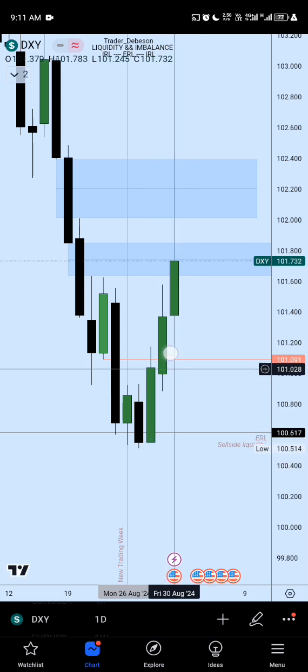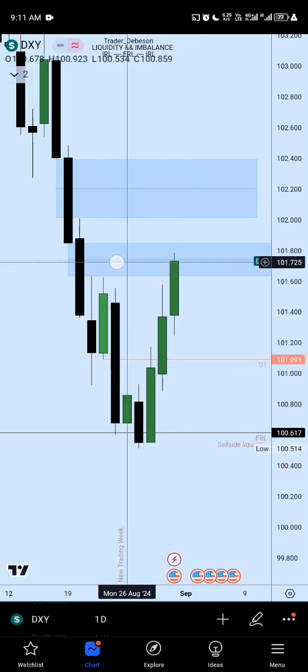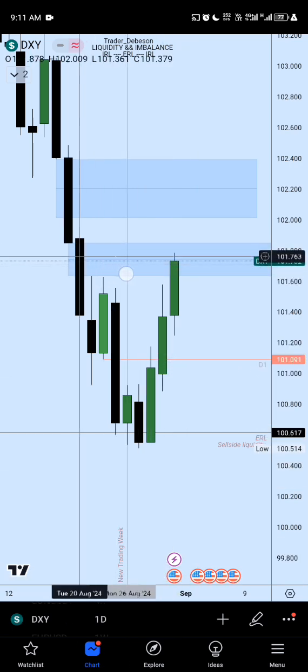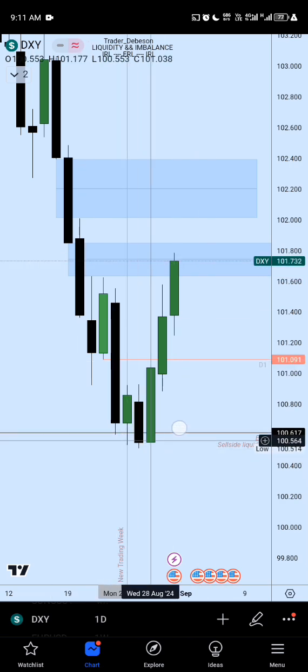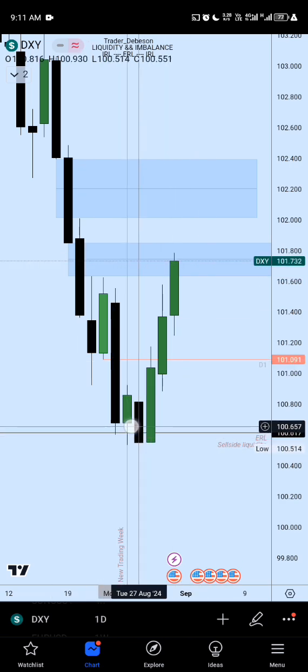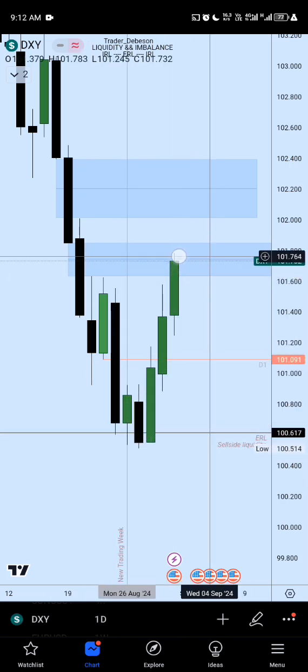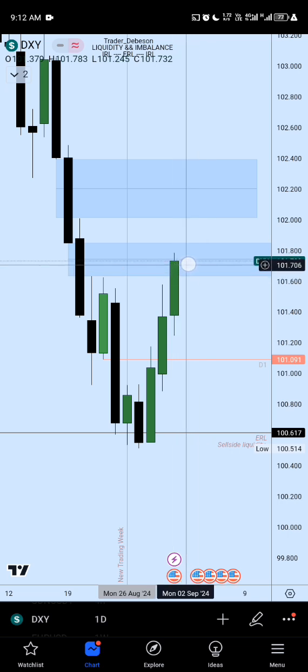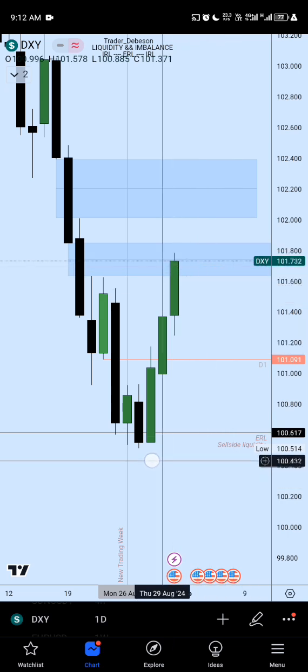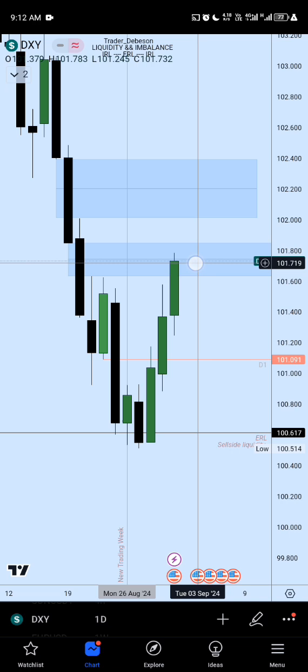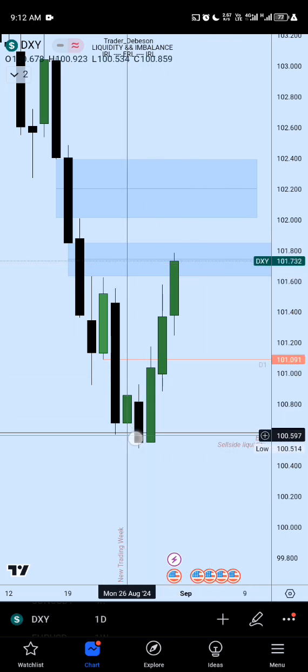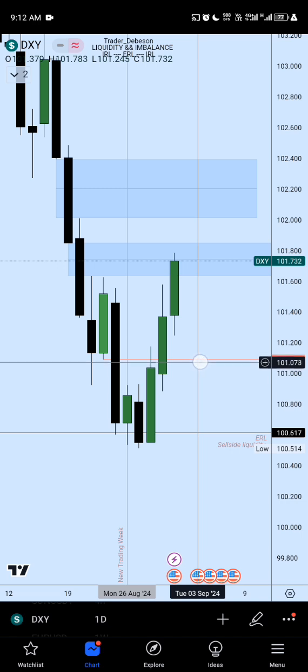And we also talked about this fair value gap here, so that in case everything here fails, price is definitely going to take us back to internal range liquidity before we continue down to external range. So we talked about this level, this order block, and this external range liquidity. These are the levels that we are eyeballing for the week.